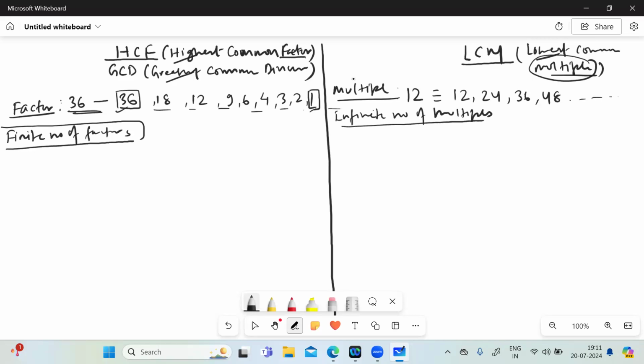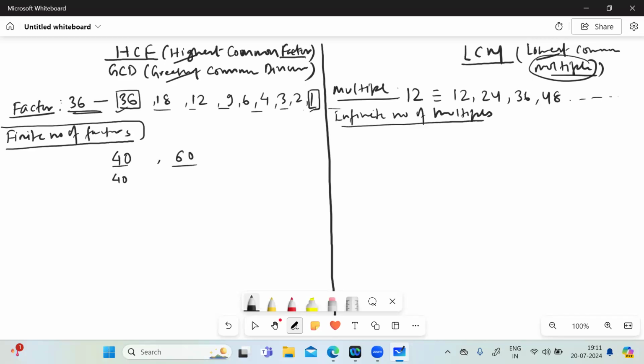Now let's say there are two numbers, 40 and 60. If someone asks what will be the highest common factor of these two numbers, basically I need to write all the factors of these two numbers.